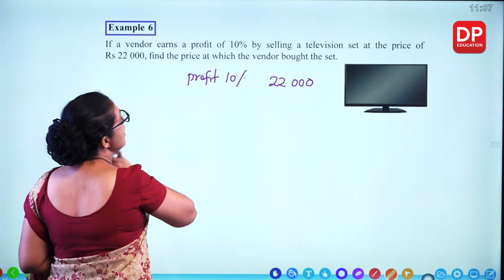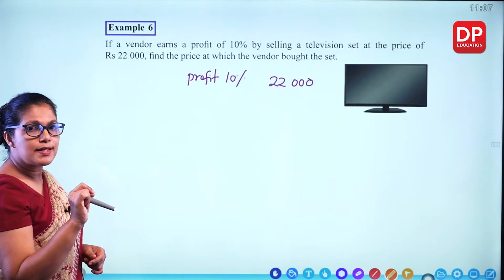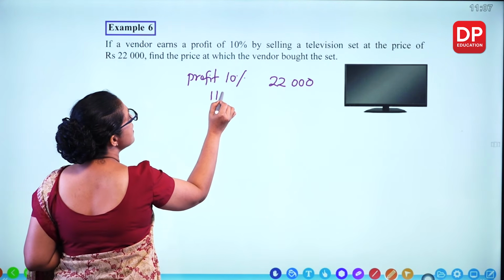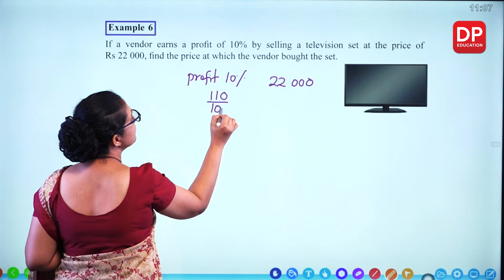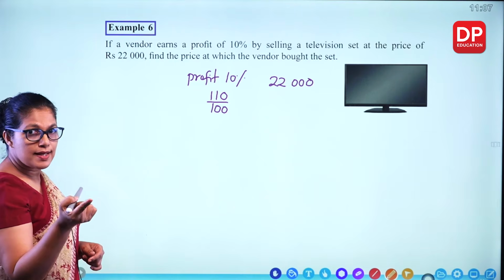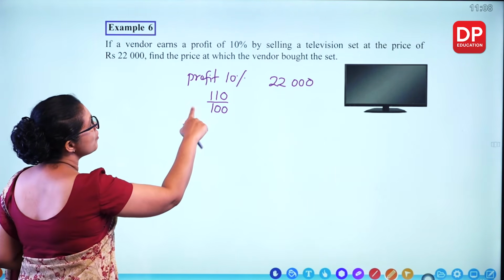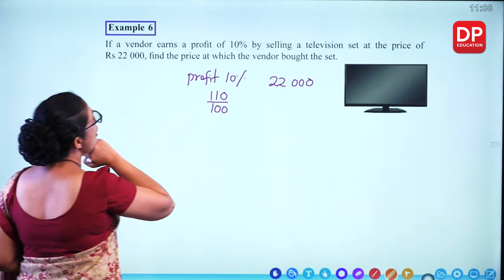So if this is 10% profit, that means 110 over 100. You have to sell it for 110 if you buy for 100. How can we find out the price he bought?